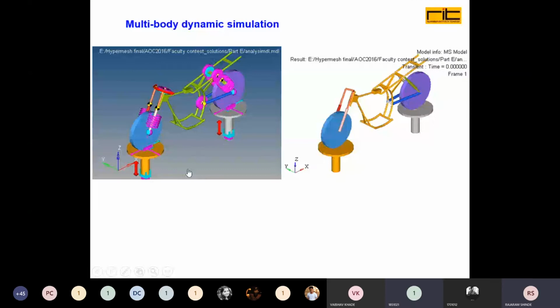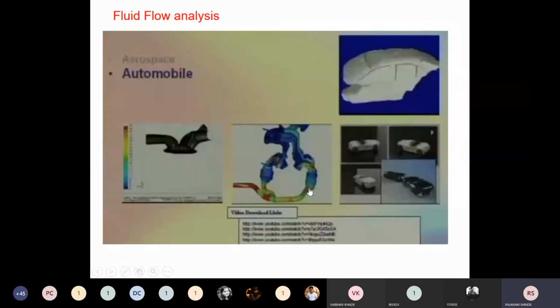Now this dynamic behavior we can simulate by using the finite element method. The finite element method is the basis for simulating this type of thing. Next, in automobiles, fluid flow has a lot of applications. Combustion analysis, fuel supply system, lubrication system, interior flow, and external flow can all be analyzed by using the finite element method. Combustion is a very critical phenomenon, and direct experimentation is not possible for it, but it can be analyzed by the finite element method.